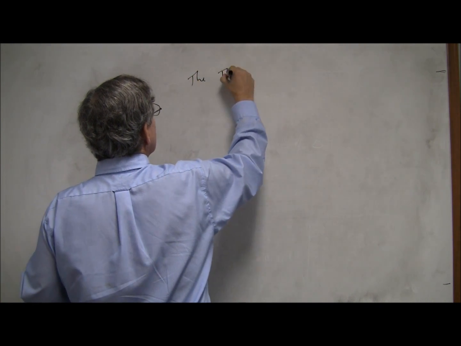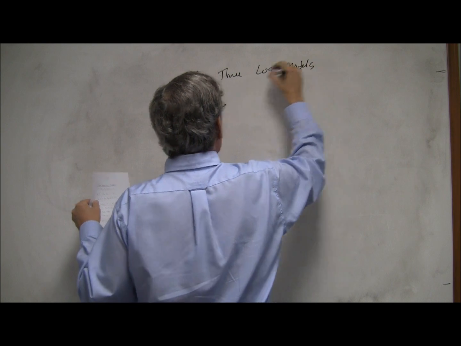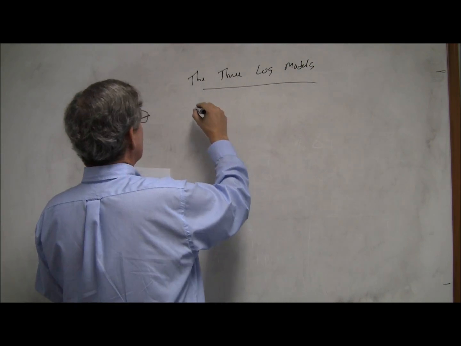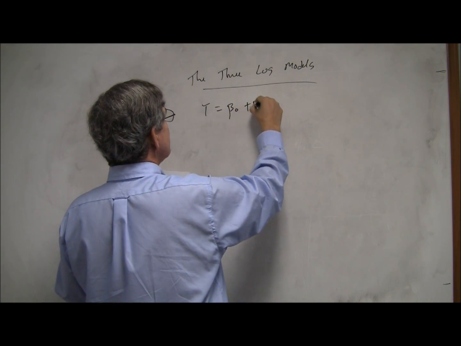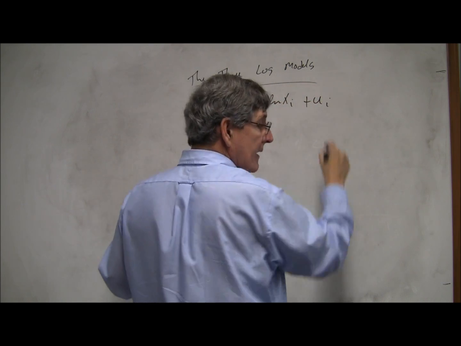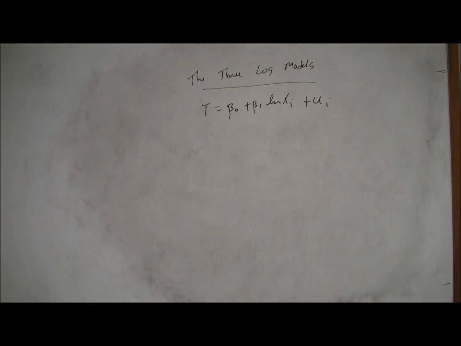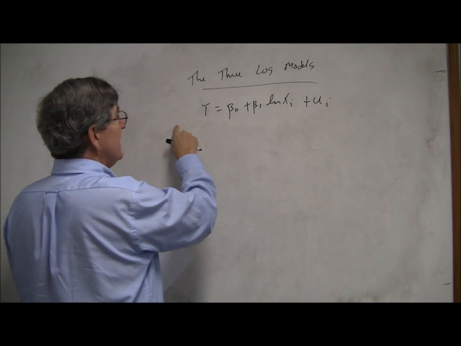The 3 log models. The first is linear log. y equals beta 0 plus beta 1 log xi plus ui. And you could extend this to more than 1 x. I'm just using 1 x to make it simple. So this would be called linear log.